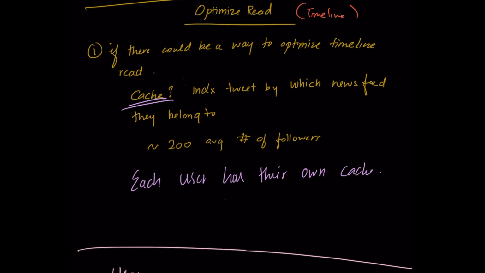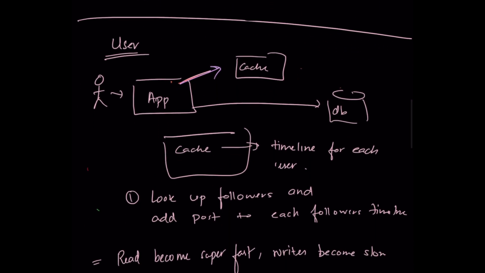Okay, and whenever a person, let's say user XYZ, posts something, their caches will be updated. Okay, so the app says, okay, post from XYZ, look up the XYZ cache, add the post, add it to the database, and add the post to all of XYZ's followers' timelines or caches.